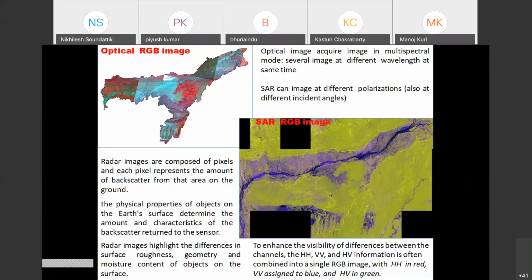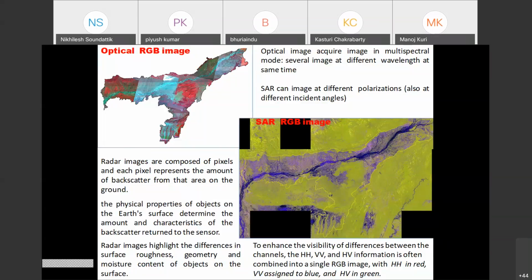Further, when we see the SAR image, we get a mosaic in the RGB image also. The red portion in the optical image is due to the infrared reflectance, and this image is called the false color composite. In the optical region, all the forest occurs in tonal variation of red.